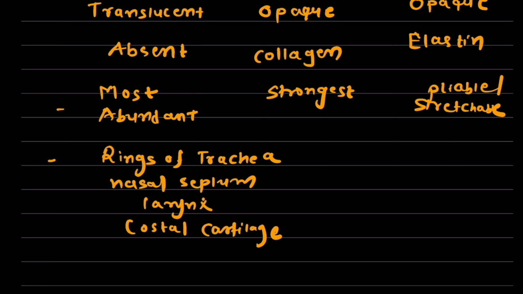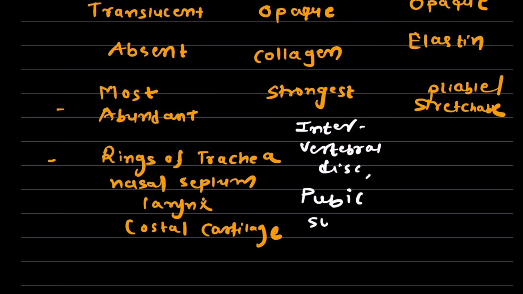White fibrous is found in intervertebral disc and pubic symphysis, which is found between the two pubic bones. And elastic cartilage is found in epiglottis and tip of nose.